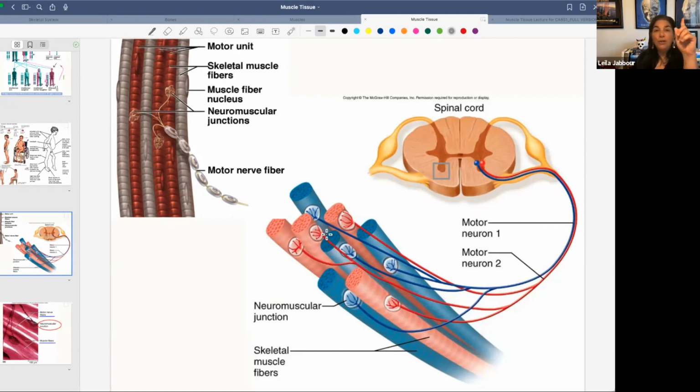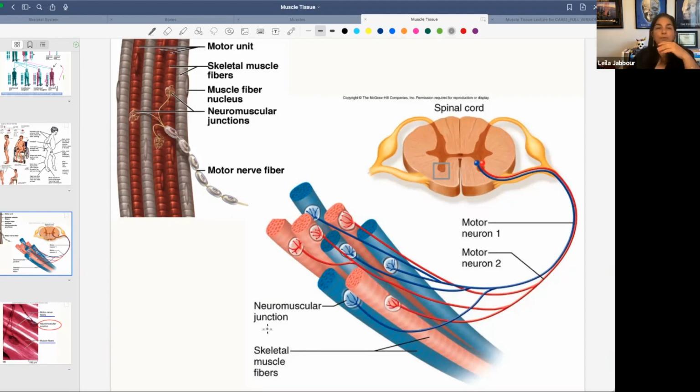So one neuron can stimulate several muscle cells at the same time, and another neuron will stimulate another group of cells, and another neuron will do yet a third group. This is done so not all the cells are stimulated by the same neuron, but they take turns being stimulated.